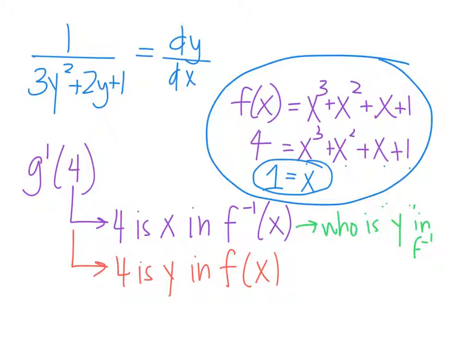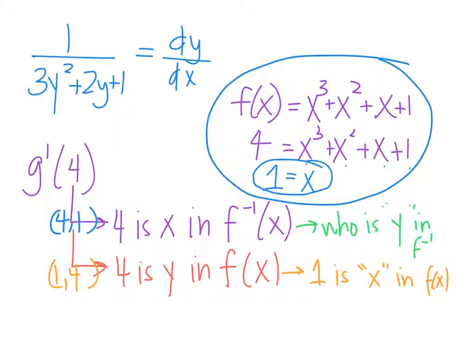Well, 4 is y in function world, and we just found out that 1 is x in f of x world. So in f of x world, our ordered pair is (1, 4), and in inverse world, our ordered pair is (4, 1).